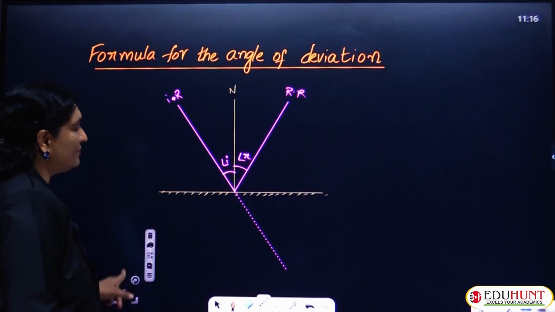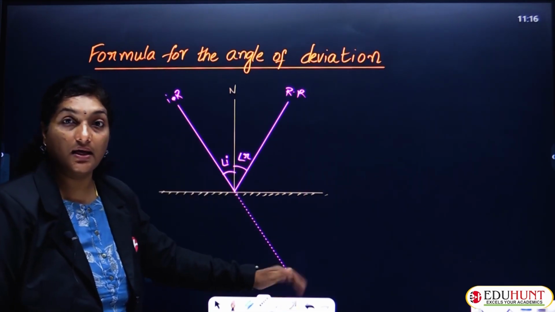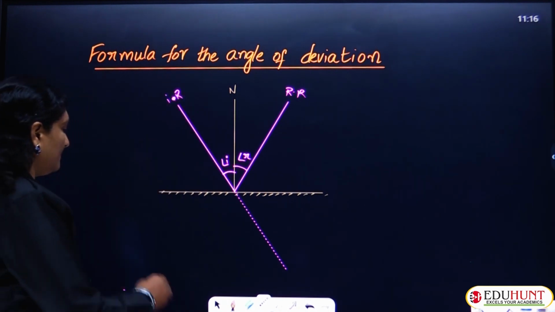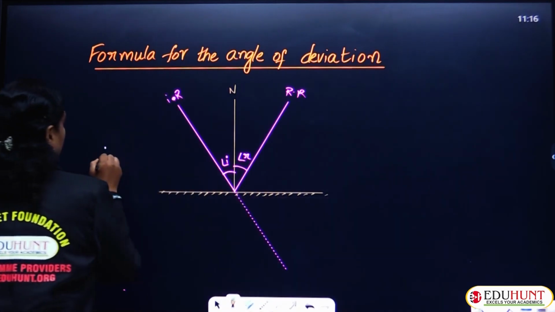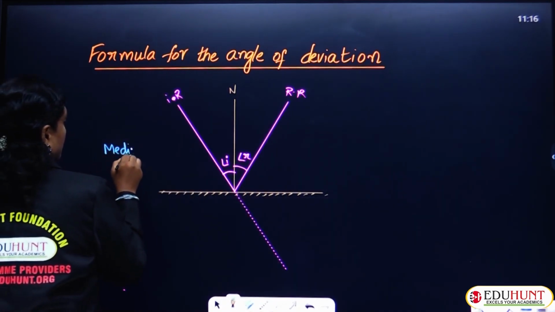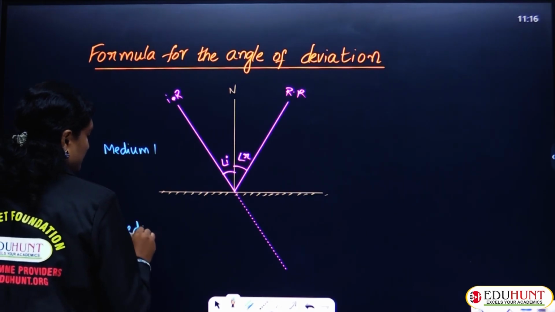So instead of this light ray traveling straight ahead to the other medium, this is medium 1 and this must be medium 2.